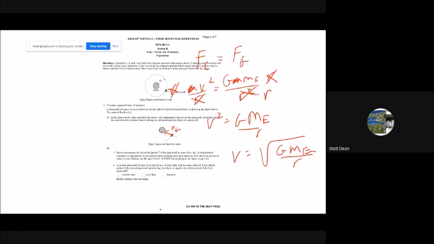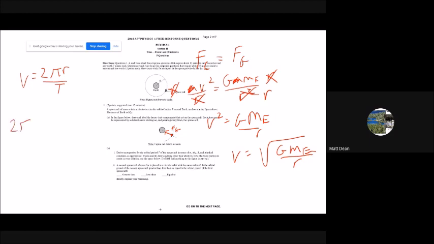All right, so that's the speed. That's not what it asks us for. It asks us for the orbital period. So what we can do now is remember that v equals 2 pi r over T. We can plug that in.